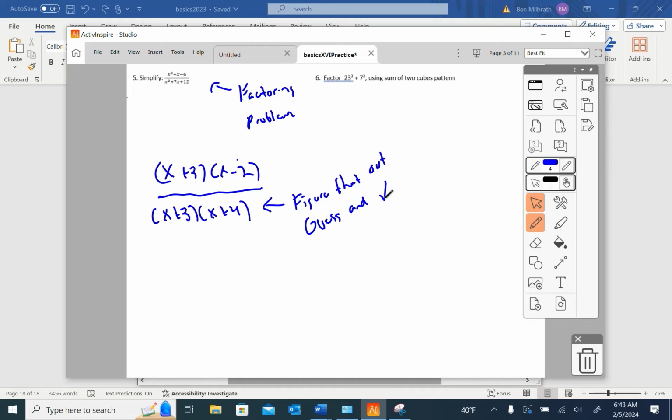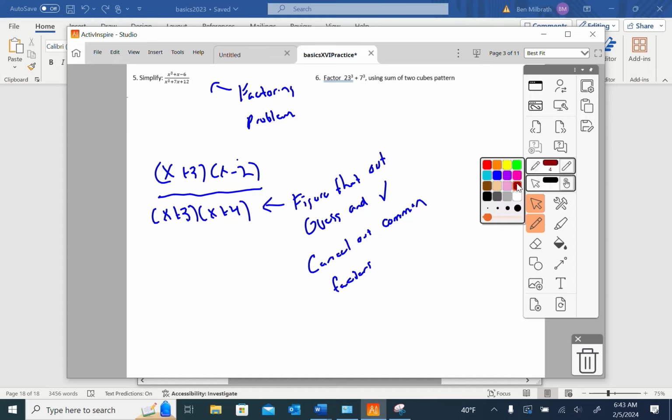Anyways, what I can do is I can cancel out common factors. Both these have an x plus 3. So this leaves me with x minus 2 sitting pretty over x plus 4. Ta-da! It's not rocket science.